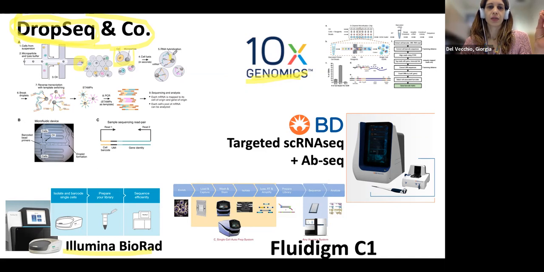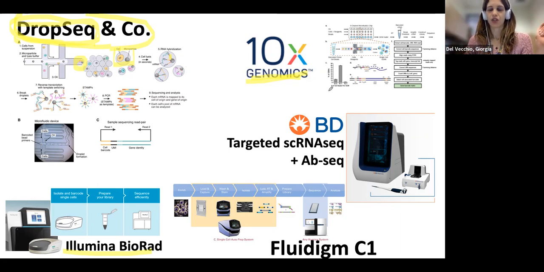Once we lyse the cell, we will have the transcripts labeled with the adapter. At some point, we will have the fragmentation. The adapter is only attached to the 3' end of the transcript, so we will lose the information about the whole transcript. It's kind of a 3' end enrichment.